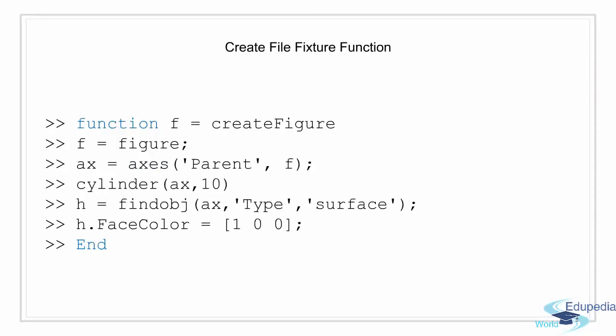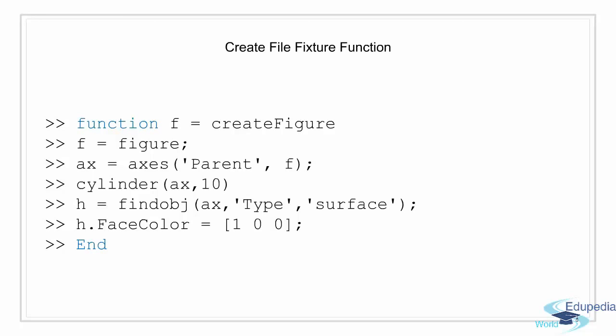Now I will create the setup and teardown code in this test file. These fixtures are shared across the test file. In this example, the file fixture functions will create a temporary folder and set it as the current working folder. They will also create and save a new figure for testing. After tests are complete, the framework reinstates the original working folder and deletes the temporary folder and saved figure.